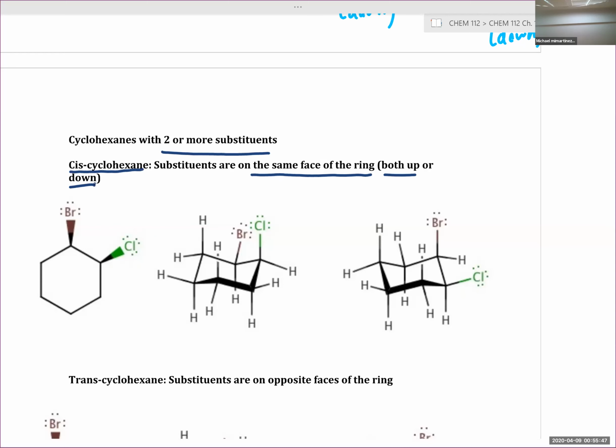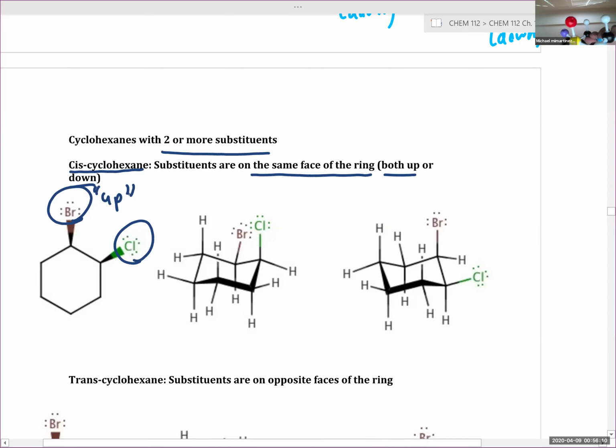So our bromine and chlorine both have a wedge. Are they pointing up out of the page, or are they pointing down into the page? What does this wedge tell us? Are both of our substituents pointing up or down? Yep, up. So both of these substituents are, quote unquote, up out of the page.